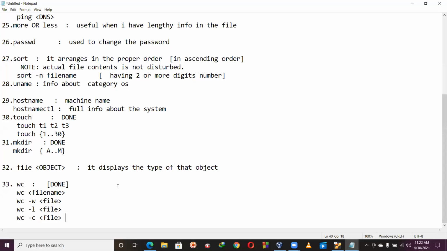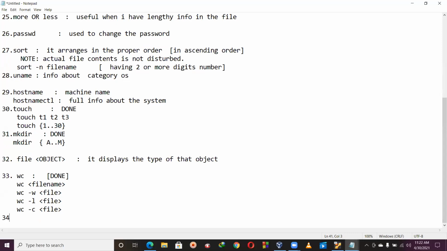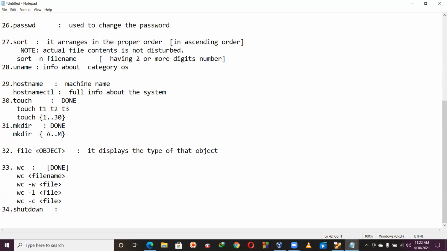Next one. Write down also about shutdown. Okay, shutdown. So what is the actual syntax for this?